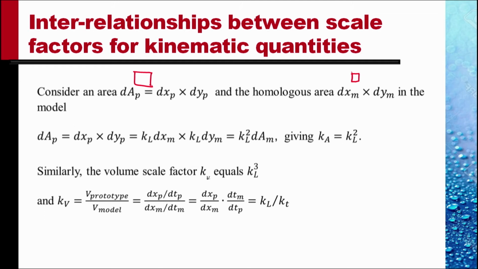So the velocity scale factor is length scale factor KL divided by the time scale factor KT. Again, the dimension of velocities are length into t minus 1. So scale factor of velocity is KL divided by KT.